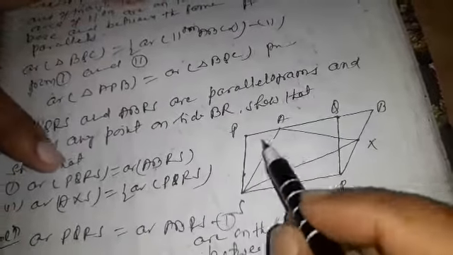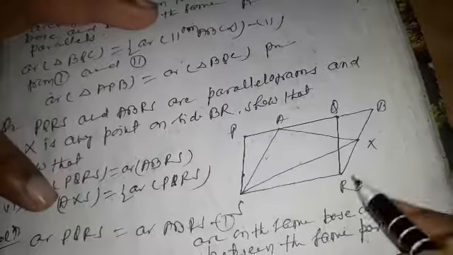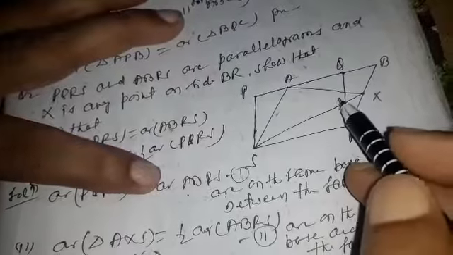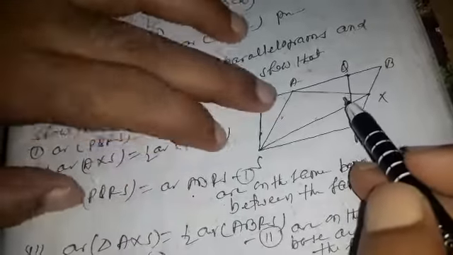So here PQRS and ABRS both are parallelograms on the same base and between the same parallels, so they are equal. So area of parallelogram PQRS is equal to area of ABRS. Both parallelograms are on the same base and between the same parallels.